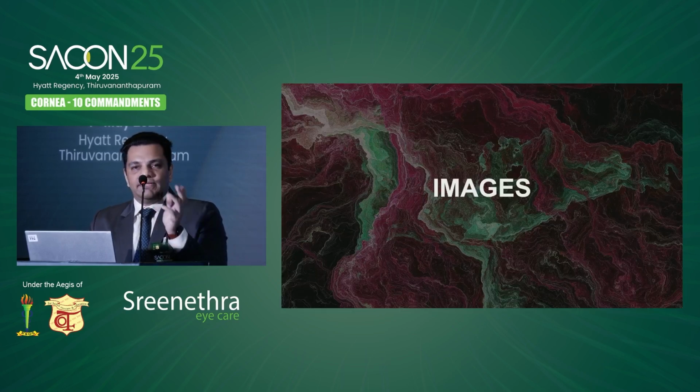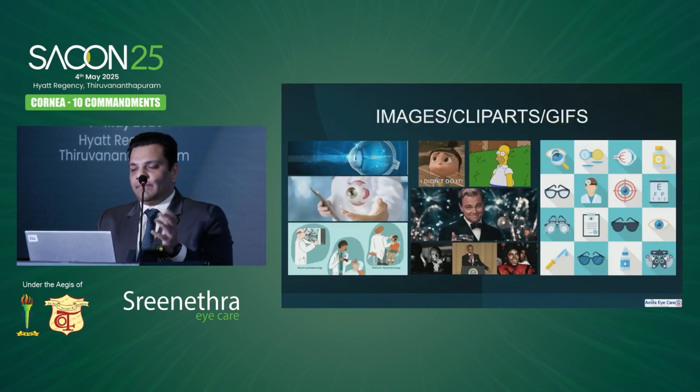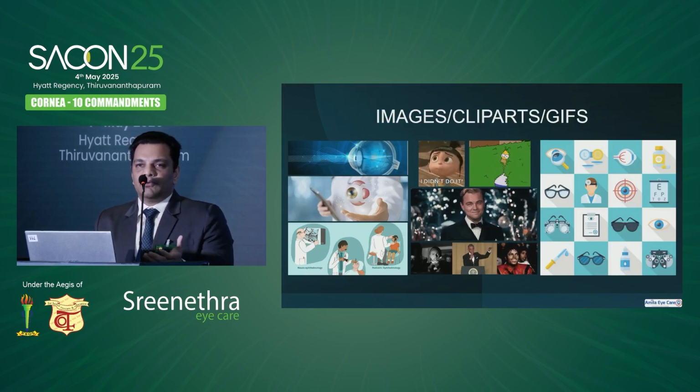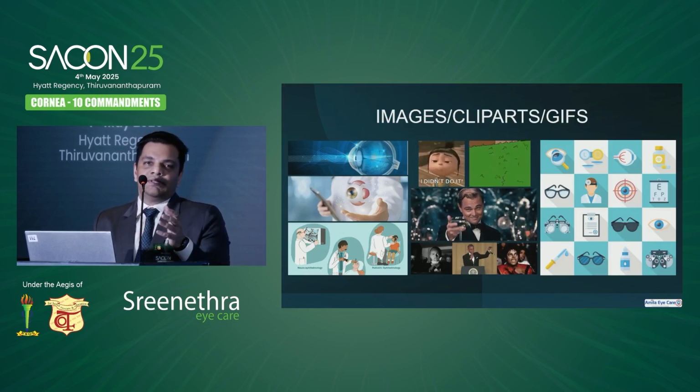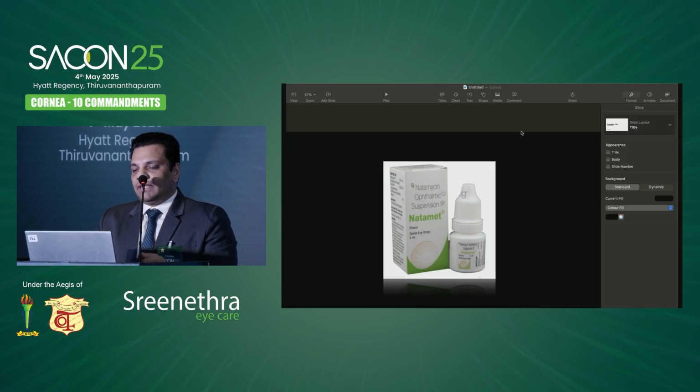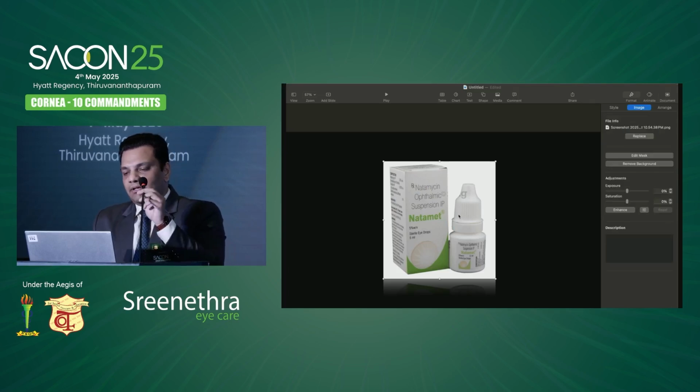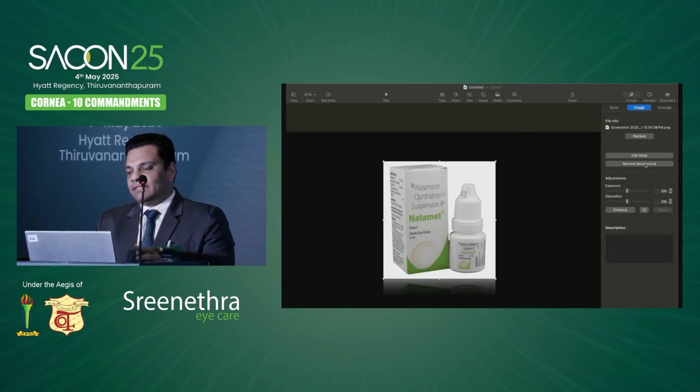So let's look at images. You need to have good clip art, good images. You can get most of them from Google Images, but if you are not happy with the ones which Google is giving you, then you can use AI images. So let's see how to enhance and make an image a little bit better.